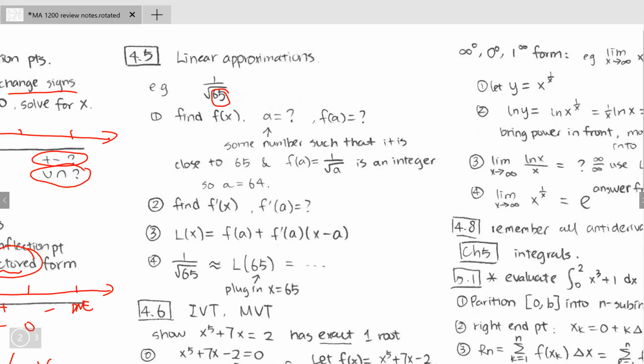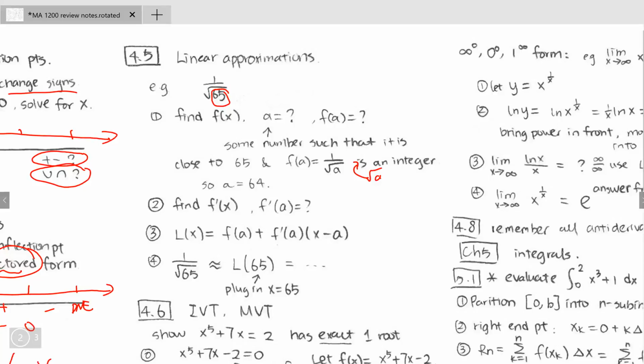So close to 65, and you can calculate f(a) and f'(a) easily. Okay, so that's why here we pick a to be 64, because we know the square root of 64 is 8. Okay, I mean the square root of a is an integer. So f(a) in this case is going to be 1/8.